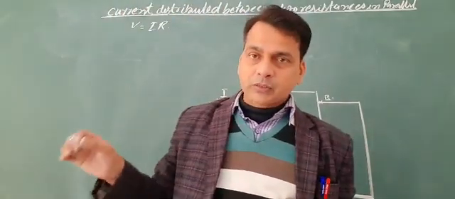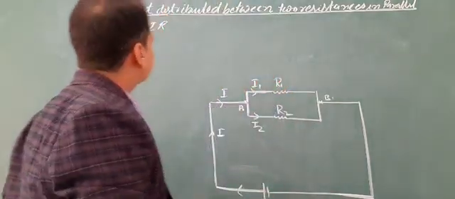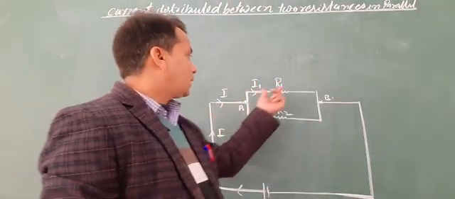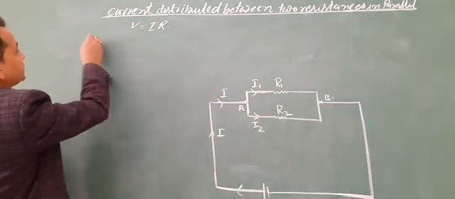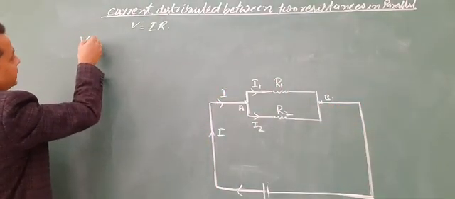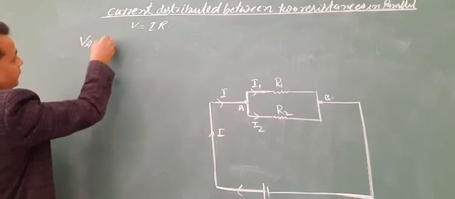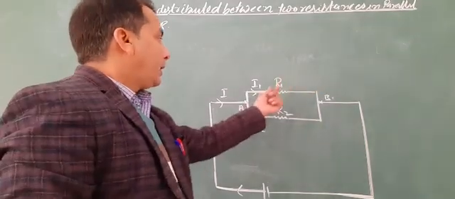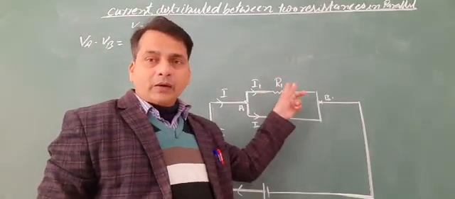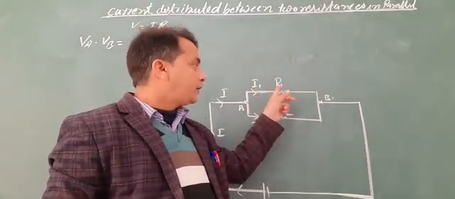So applying Ohm's law, the potential difference across R1, VA minus VB, equals I1 into R1.